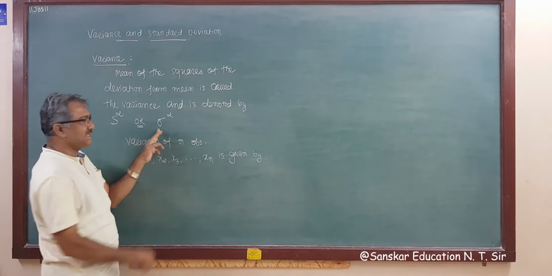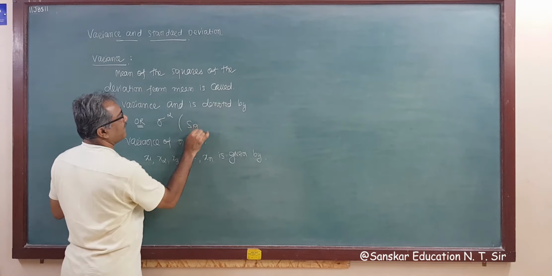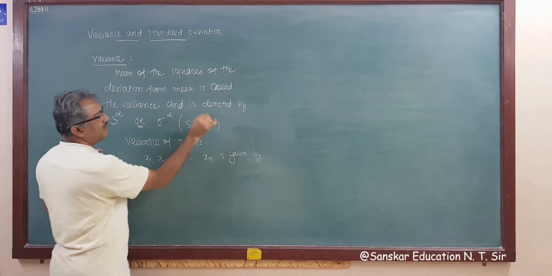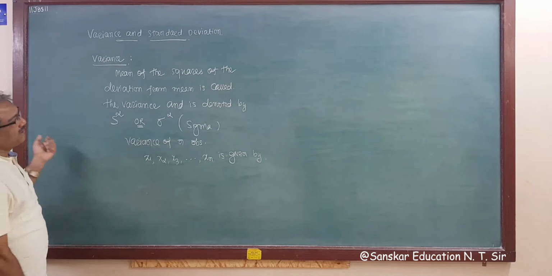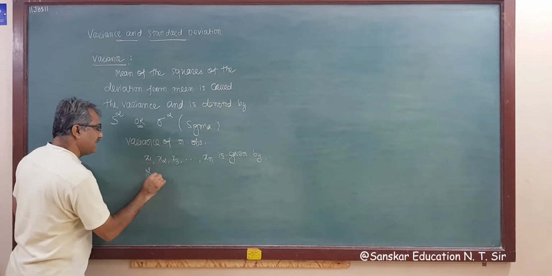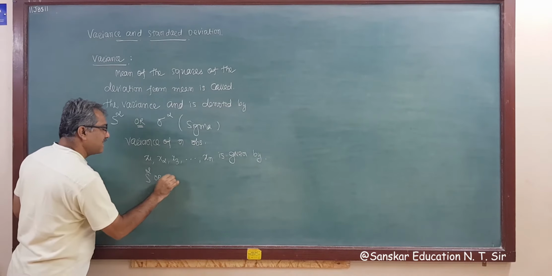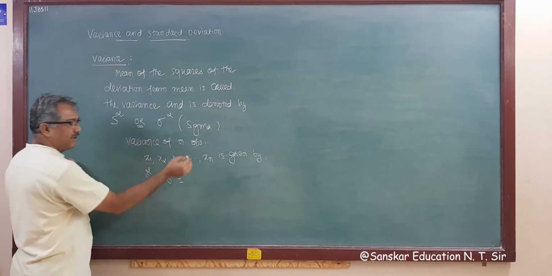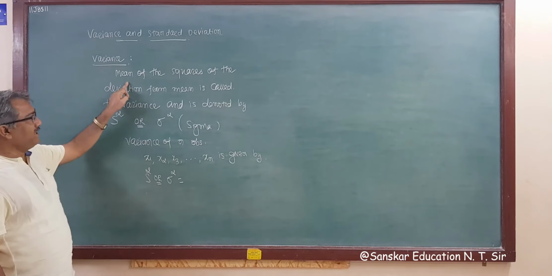This is called sigma. So s square or sigma square is equal to, again, mean.